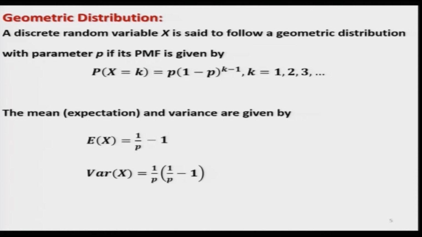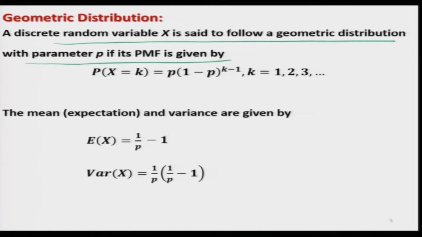Now, based on this, we can define the geometric distribution. A discrete random variable X is said to follow a geometric distribution with parameter p if its probability mass function is given by P(X = k) = p(1 − p)^(k−1), where k goes from 1, 2, 3 and so on.